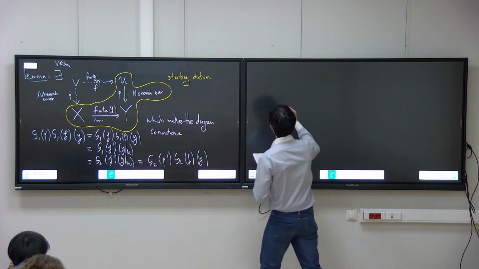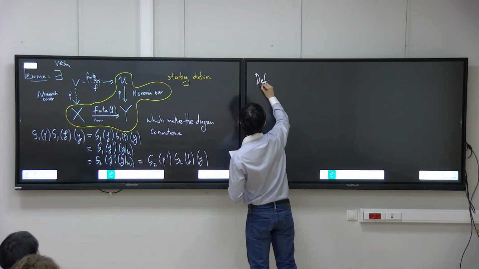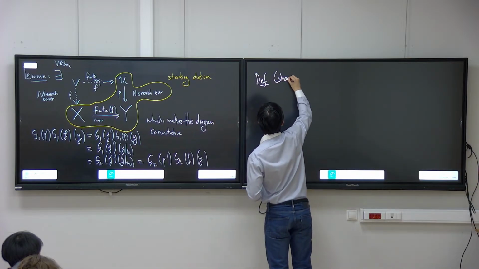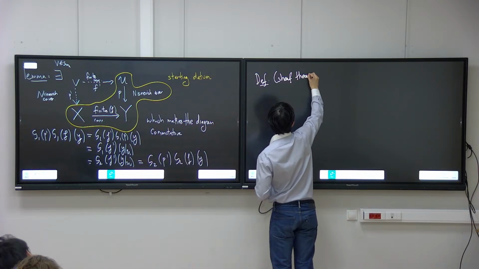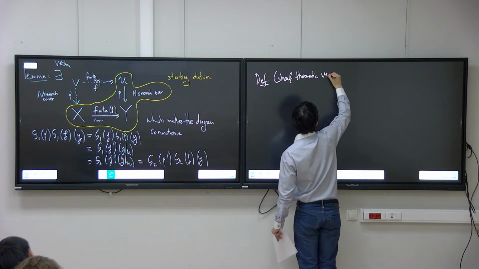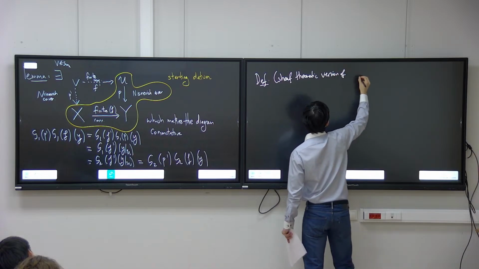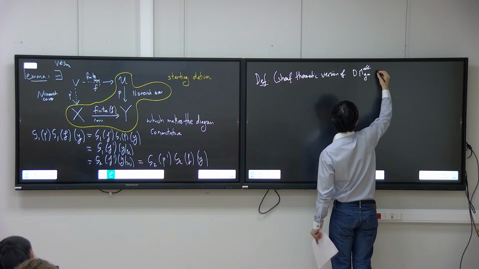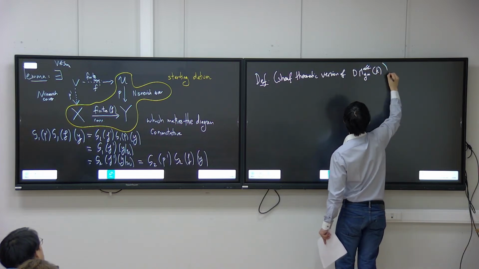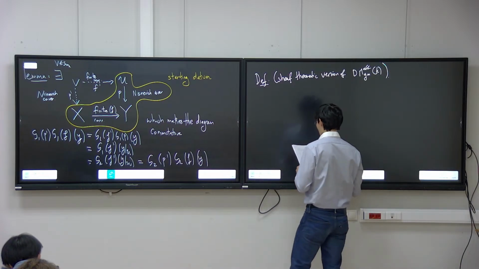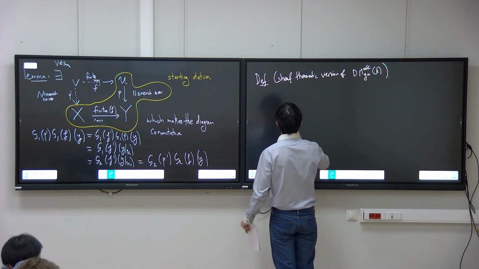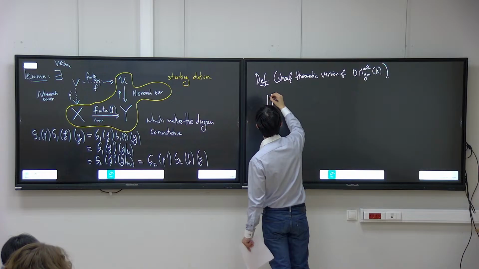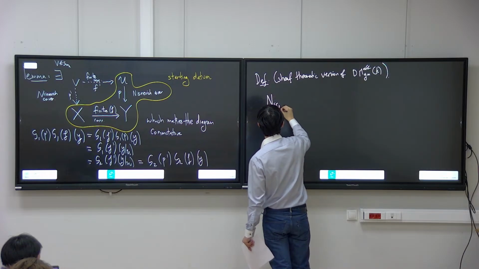But in any case, we can now make a good definition of the sheaf theoretic version of DM of geometric motives. So we have our category of Nisnevich sheaves with transfers.